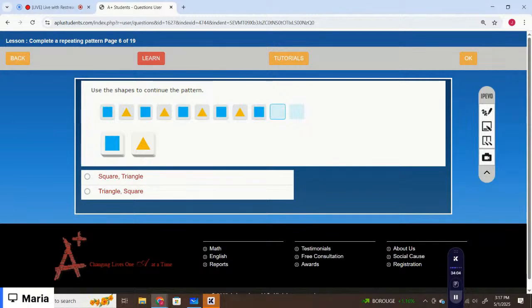Use the shapes to continue the patterns, which is the next one in the pattern? Triangle and square. Option number 2 is the correct option, triangle and square it is.